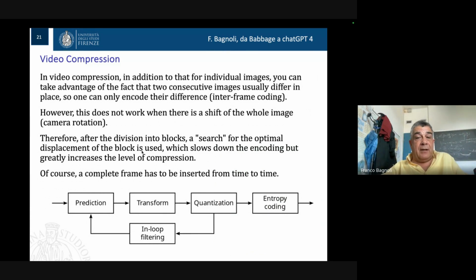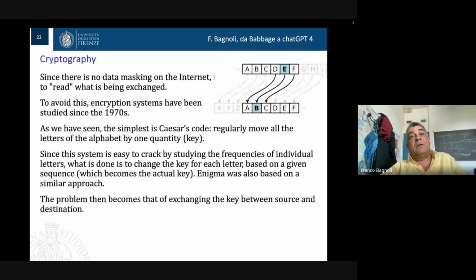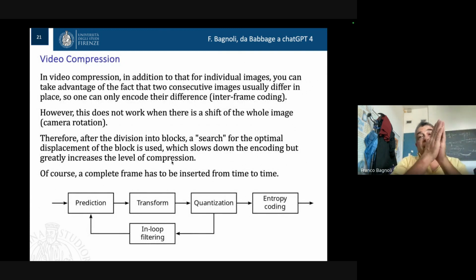The idea with level 2 is to exploit the fact that in general two subsequent images are not so different, so you can just store the differences between these two. But this does not work well, for instance, if you have something that shifts on the background of your image, for instance, when you change the point of view.